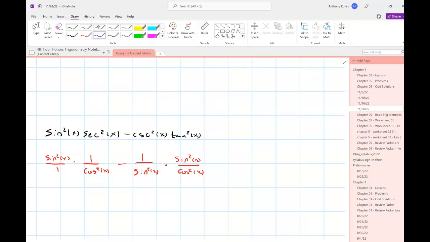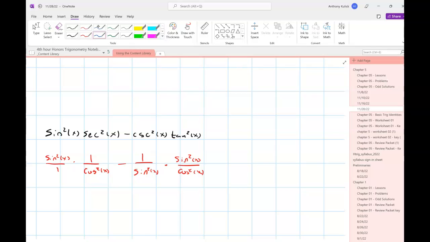When in doubt, if you're not sure what to do, writing everything in terms of sine and cosine is probably a good idea. It's almost never an unhelpful thing to do. Maybe not the best thing to do, but it's usually walking us closer to our answer. Everybody's okay with what I did there? Okay. What do we see?